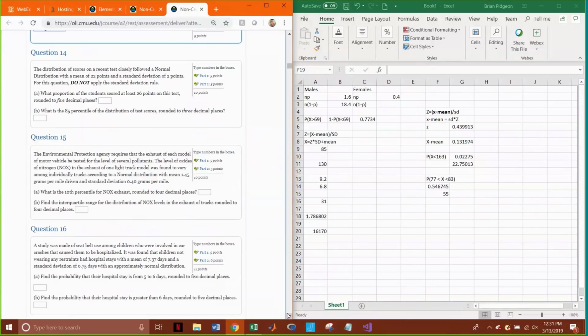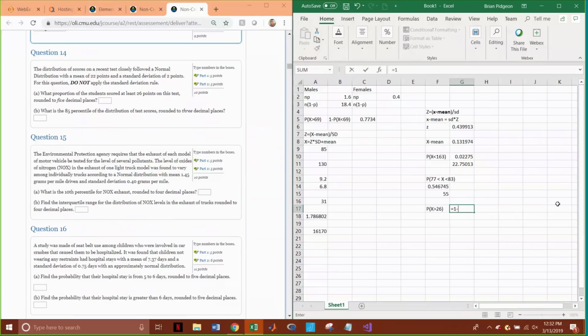The distribution of scores in a recent test closely followed a normal distribution with a mean of 22 points and a standard deviation of 2. For this question, do not apply the standard deviation rule. What proportion of students scored at least a 26 on the test? So we're looking for the probability that X is greater than 26, if X is the score on the exam. Now once again though, Excel can't calculate greater than probability without a little manipulation.